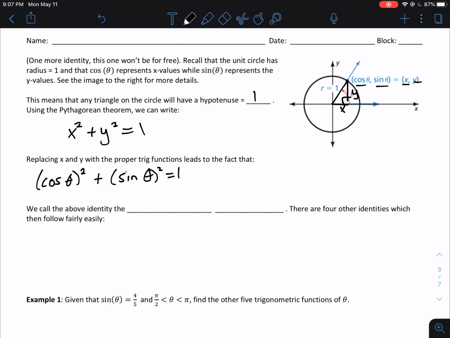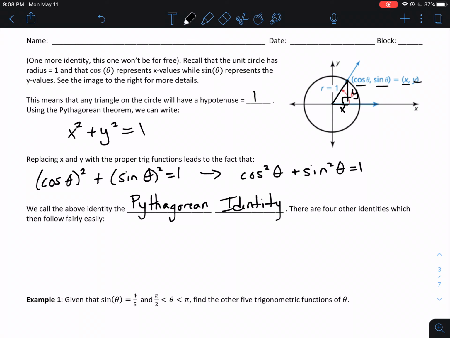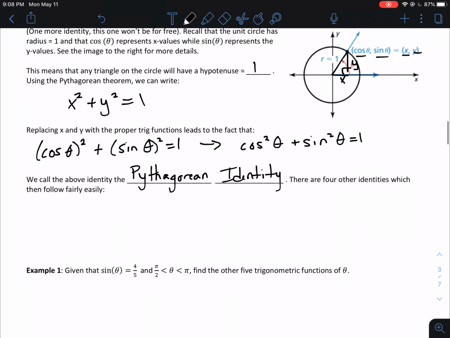Really, the only thing that we will do, just to make this easier to write so that there's not as many parentheses, we can also rewrite this equation as cosine squared theta plus sine squared theta is equal to 1. This is what is known as the Pythagorean identity. And this is a big one because just this one identity is then going to give us 4 other identities that we can then use.